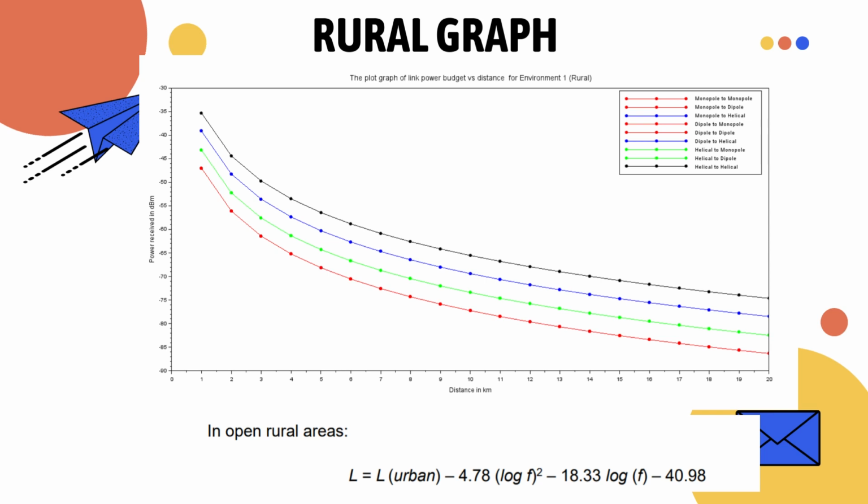The graph typically shows that path loss increases with distance, but at a slower rate compared to urban and suburban scenarios. Rural areas are more favorable for long-range communication due to lower path loss and less interference.